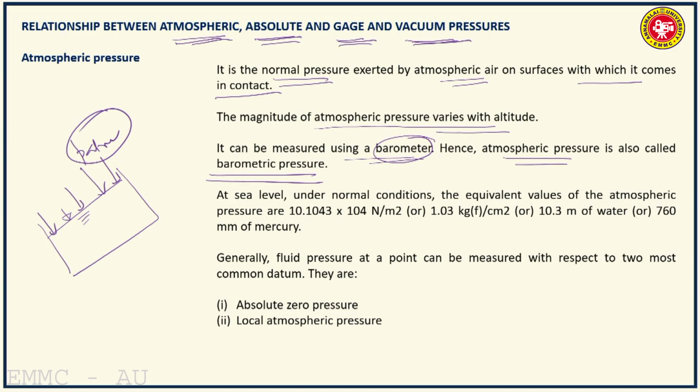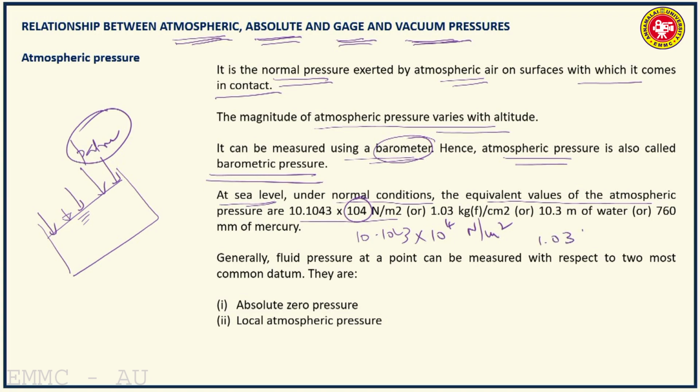At sea level, under standard conditions of temperature and pressure, the equivalent values of the atmospheric pressure are, in fact, 1.0143 into 10 power 5 Newton per meter square. Please make note, it is not 104, it is 10 power 5 Newton per meter square.